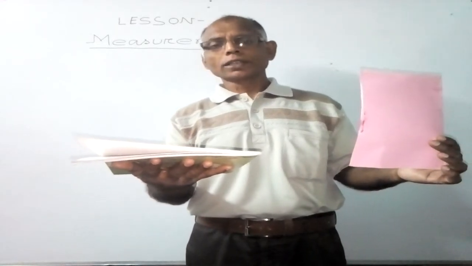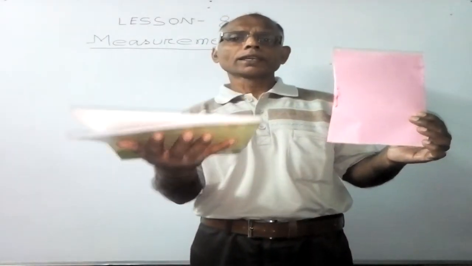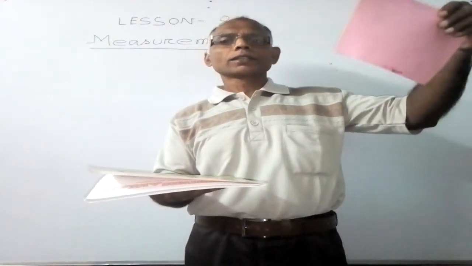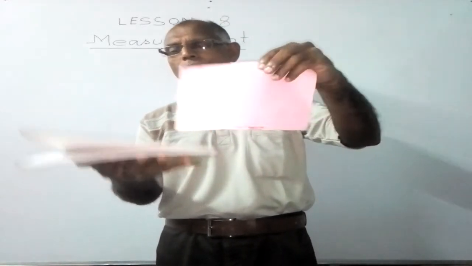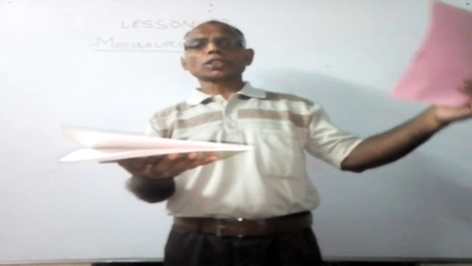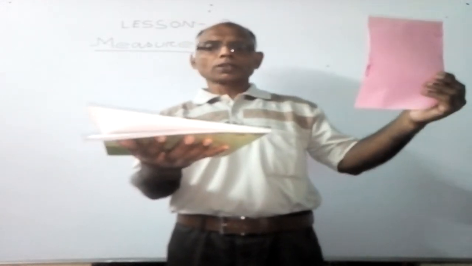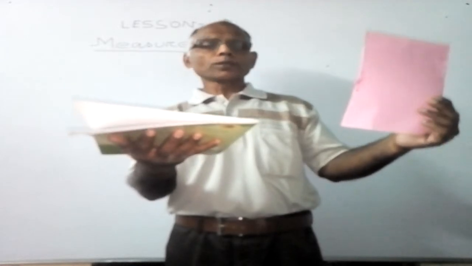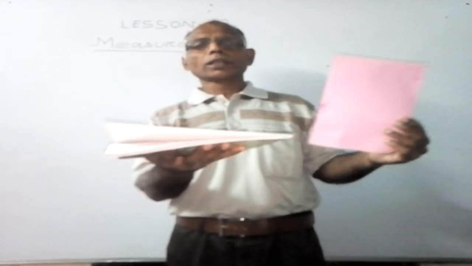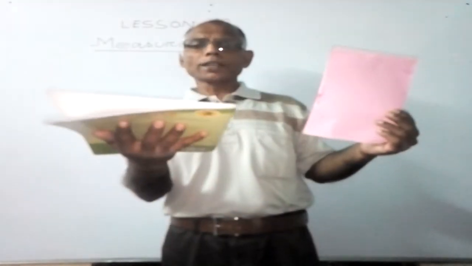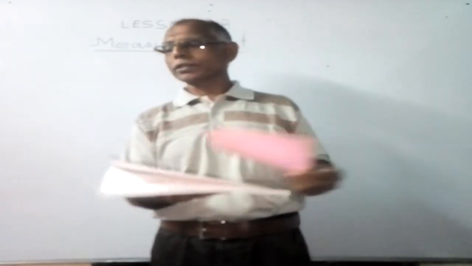Hello student, you have understood? This one is what? Heavy, and this one is light, isn't it? Lighter than this book. This sheet of paper is light in weight and the book is heavy in weight. You have understood? It is light, and it is heavy.